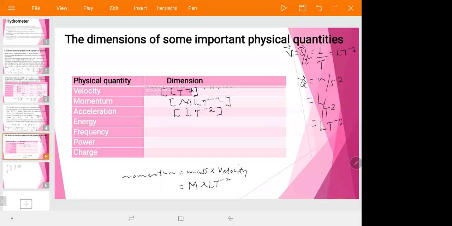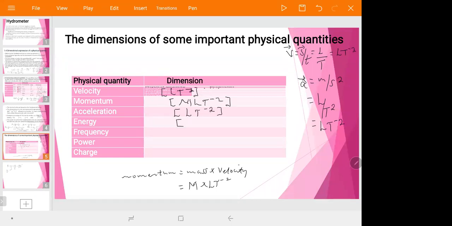The power of minus 2 and minus 1 are the difference between the dimension of acceleration and the dimension of velocity or speed. What about energy?